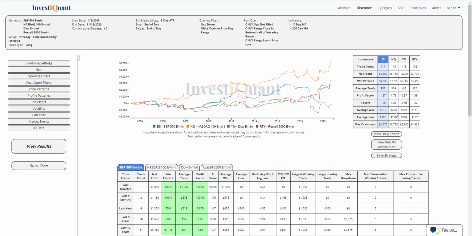The average win is a little bit bigger than the average loss in the NASDAQ. The average loss larger than the average win in the Dow. And the average win, average loss, pretty similar in the Russell. So we're not seeing a giant skew where all four of them are favoring one side or the other as far as average win or average loss goes, but all four of them do have a slight lean to the long side historically. So hopefully you found that helpful.